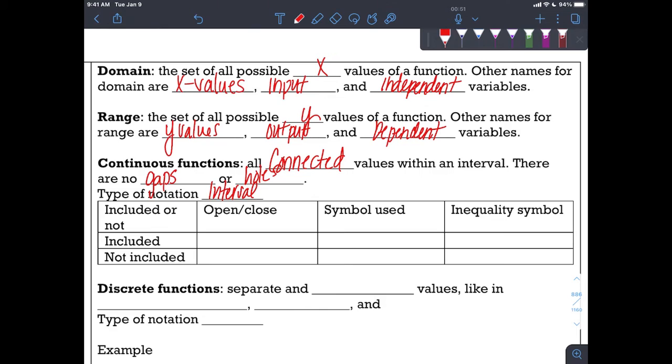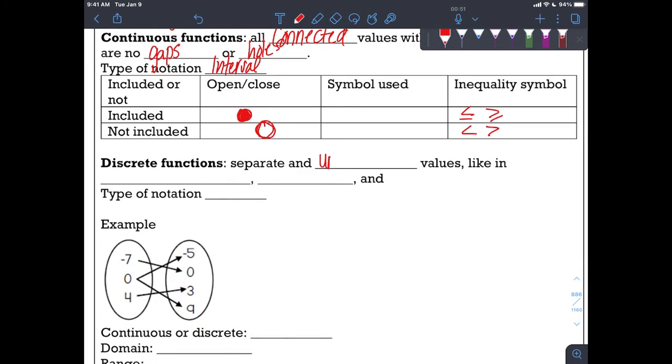So, for example, if I'm looking at this and I see a dot that is filled in, I would say that that is included. So it's going to have one of these symbols if it's included in my domain or range. However, if my dot is not filled in, it's not going to have the extra line. Now, discrete functions, on the other hand, are separate and unconnected values.